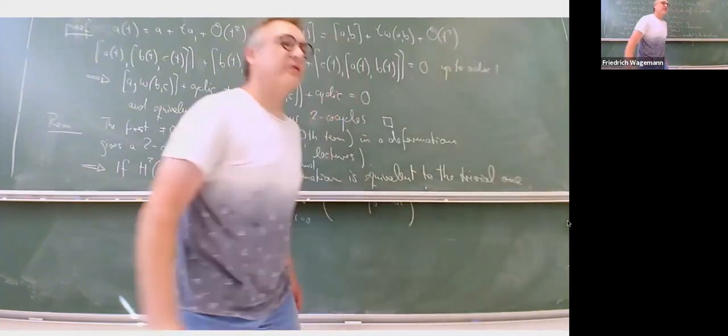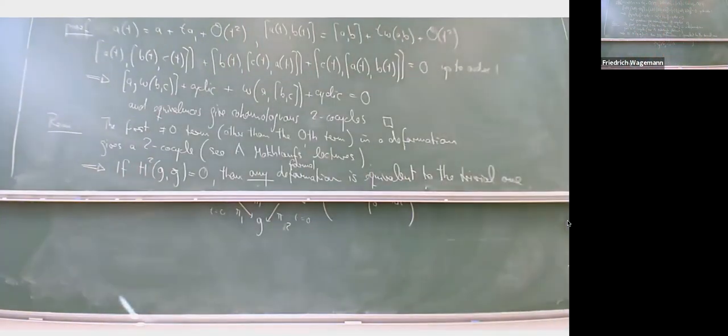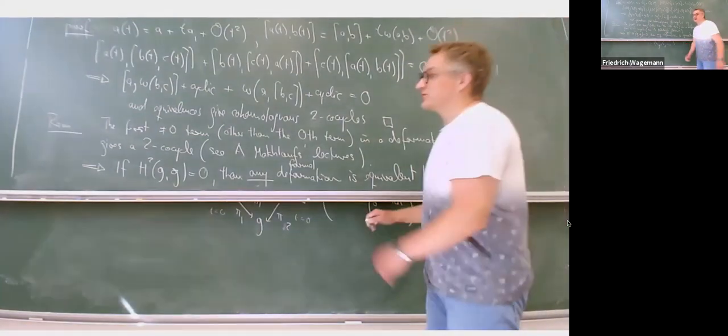Yeah, and so this is something which is very important in the classification of Lie algebras. This is exactly similar for Leibniz algebras, and so it also comes up in the classification of Leibniz algebras. You take a dimension, let's say dimension 5, and you want to classify all Leibniz algebras of dimension 5.